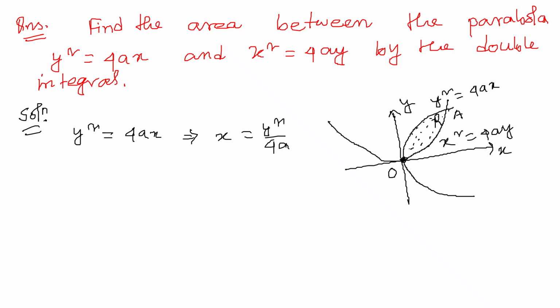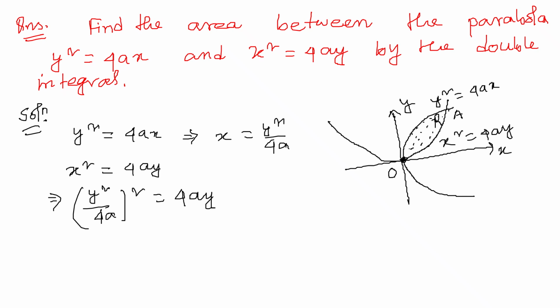Another expression of parabola is x square is equal to 4ay. You can substitute x is equal to y square by 4a here. So we get (y square upon 4a) whole square is equal to 4ay.